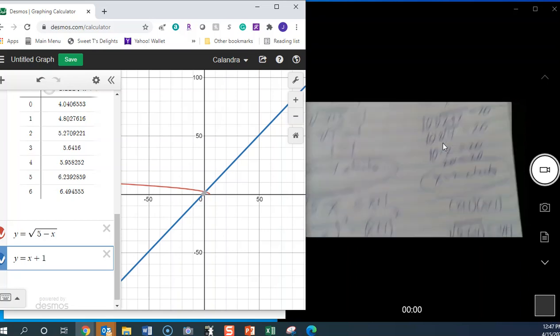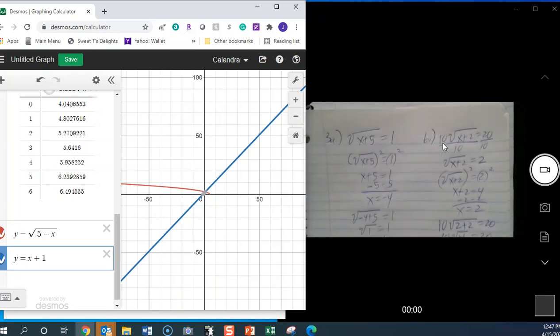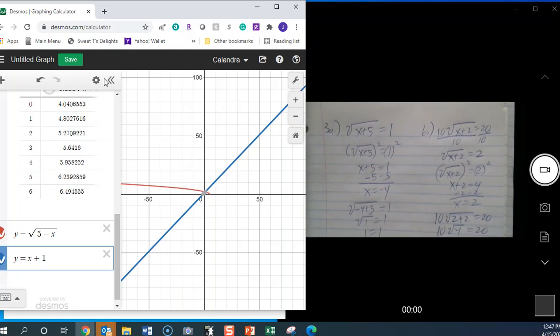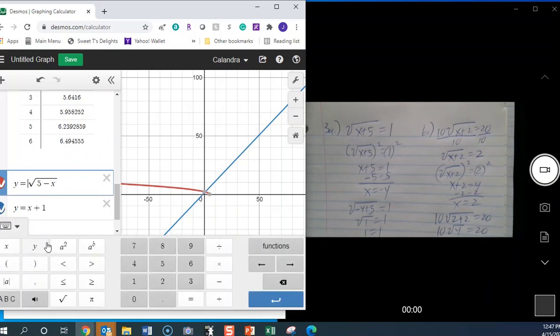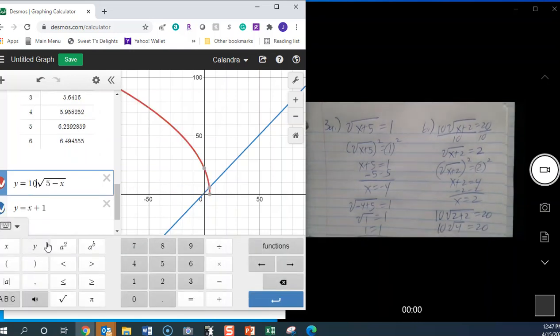I think I'm just going to do B, and then A you could try on your own. But let's look at B. Same setup. We're going to take the initial equation and set y equal to both sides. So over here, we could do y equals 10 times the square root of x plus 2.